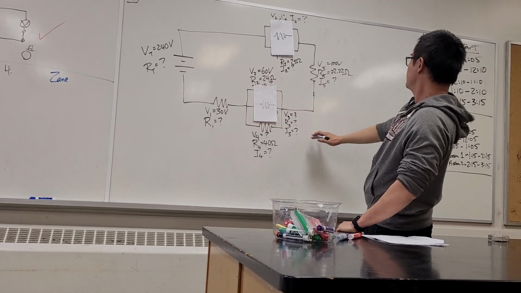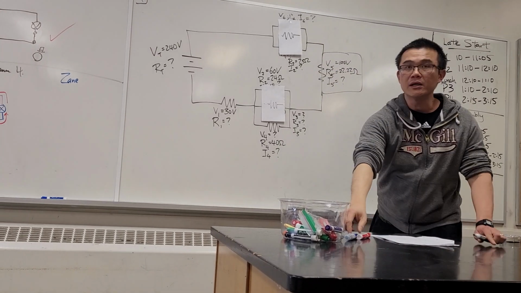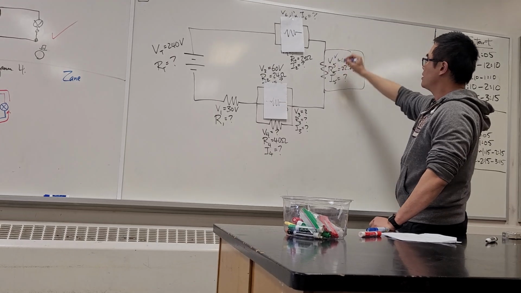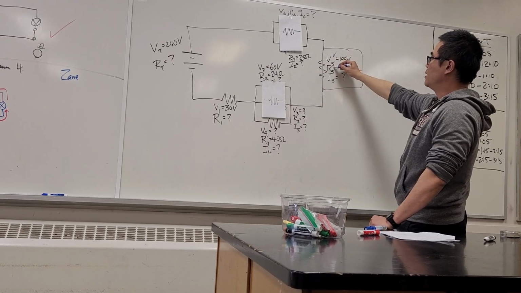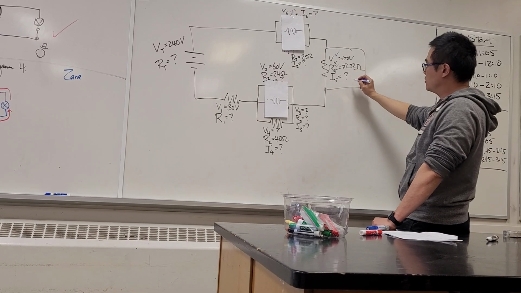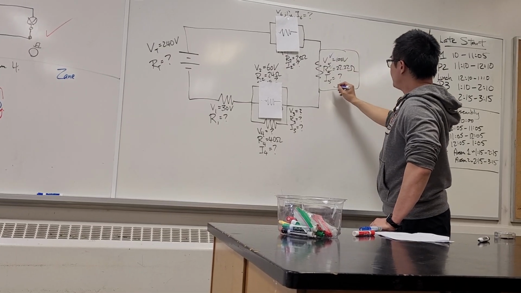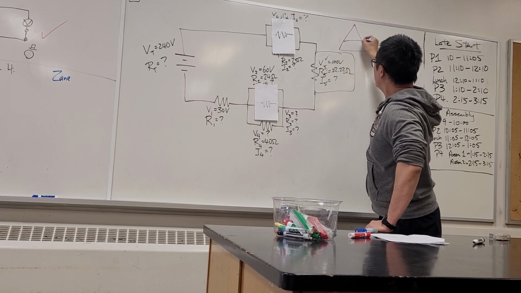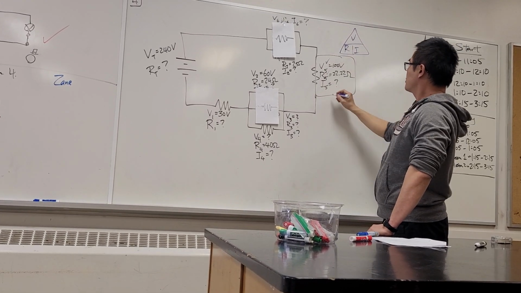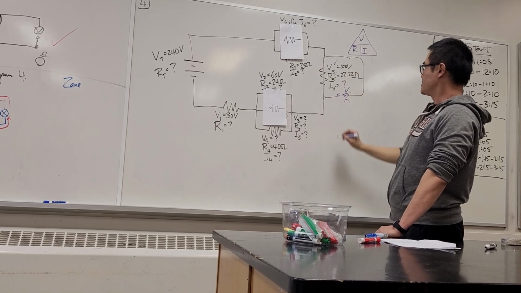In this case, this one here would be easiest to solve because you have the voltage, you have the resistance. I can just use Ohm's law to find out what this current is. So let's do that. I5 here, now Ohm's law, current will be equal to voltage divided by resistance.